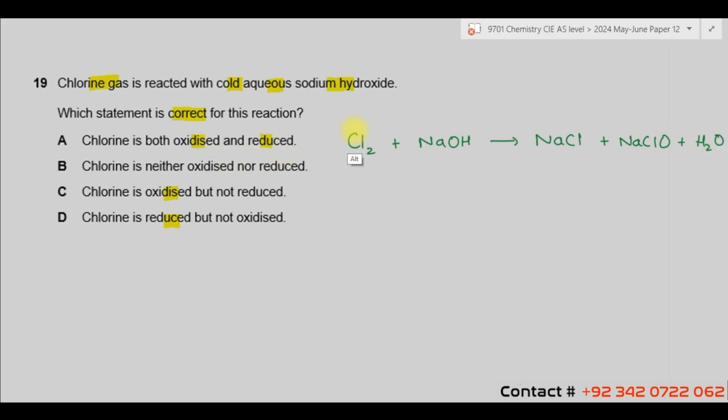Let's find out oxidation states. Chlorine as a molecule is 0, Na is +1, Na is +1, Cl is -1, +1, oxygen is -2, hydrogen is +1, oxygen is -2. Let's find out the remaining one. OH is overall negative, so oxygen is -2 and hydrogen is +1, because -2 and +1 is equal to -1.